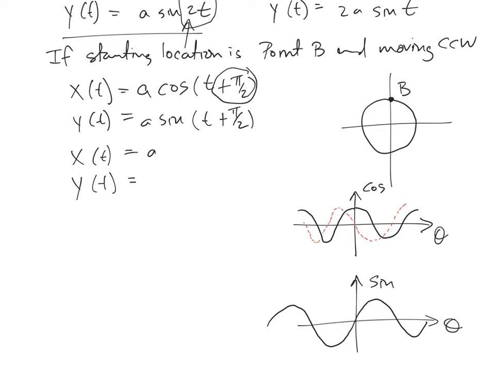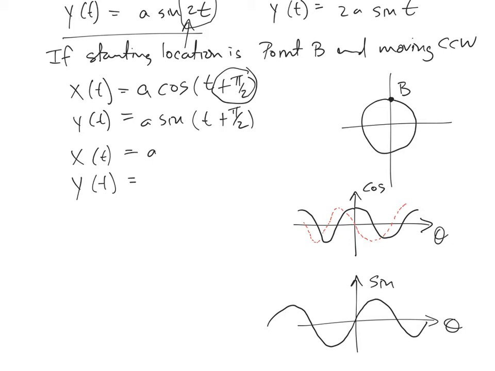Right? If I take the black cos curve and I push it pi by 2 using my positive hand, my right hand, what do I get then? I get the negative sine, right? So that means cos t plus pi by 2 is the same as negative sine t.